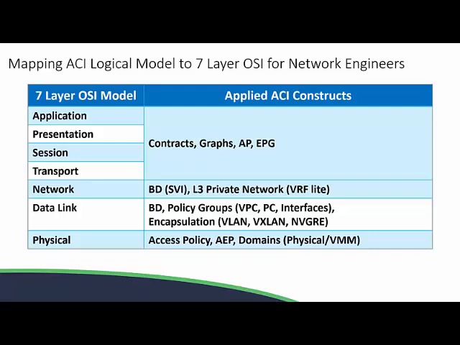Layer 3, private network, which are context, which is actually a VRF. It started off as being called a context, then a layer 3 private network, and now it's a VRF, although in the actual API, it's still labeled as a context. And then transport to application layer, you have contracts, graphs, application profile, and endpoint group.